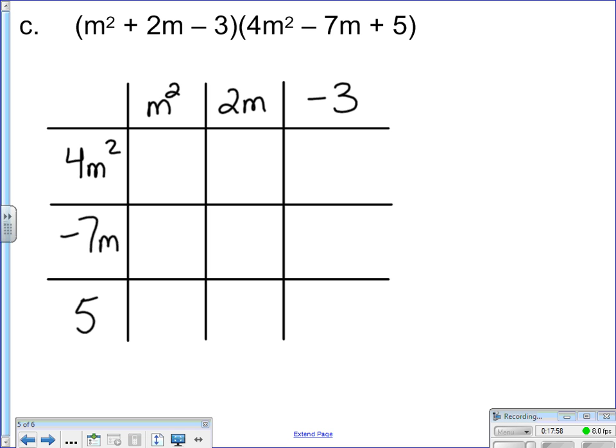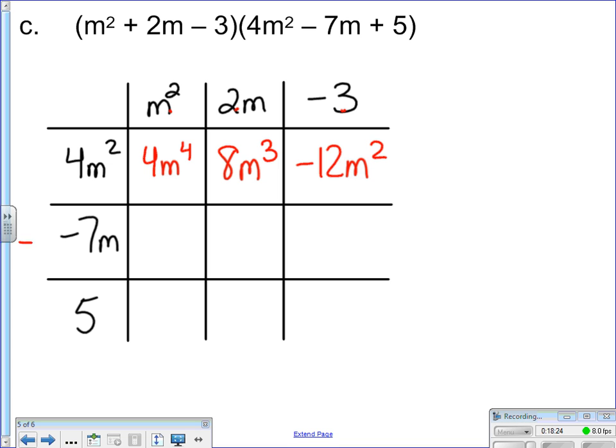Okay. We're going to multiply going across first. 4m squared with m squared is 4m to the 4th. 4m and 2m, 8m cubed. 4m, -3, -12m squared.